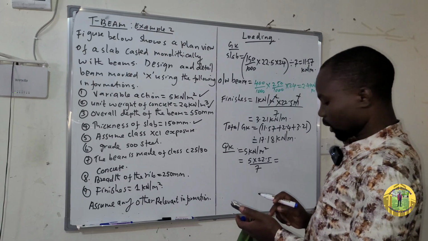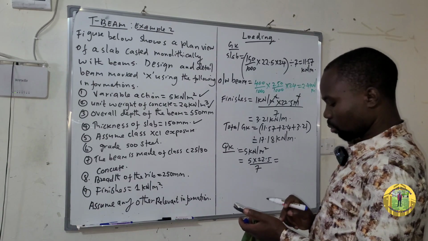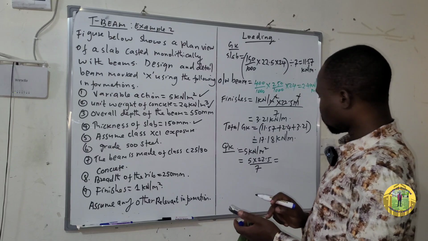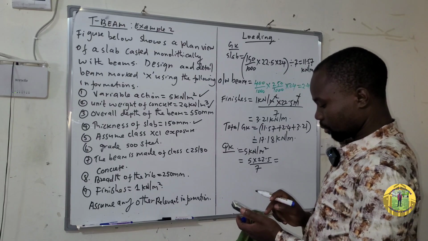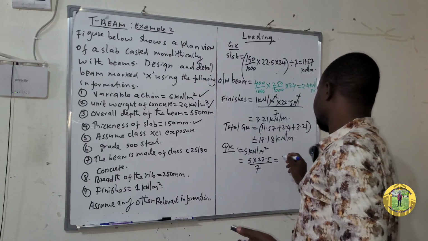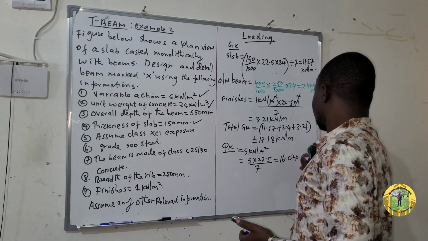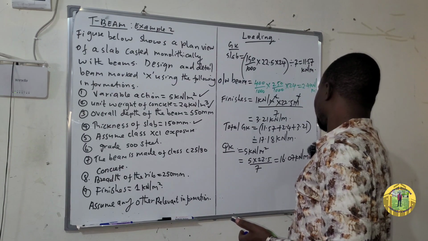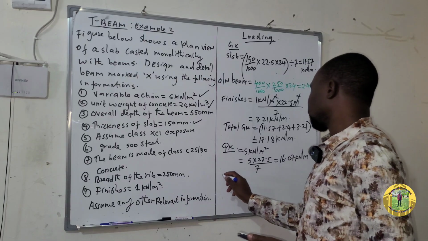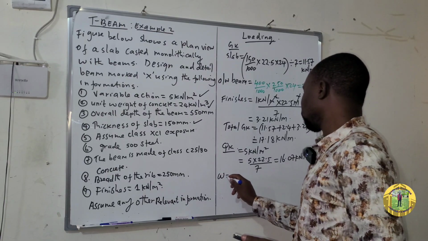So this is 5 times 22.5 divided by 7. So 16.07 kilonewton per meter.